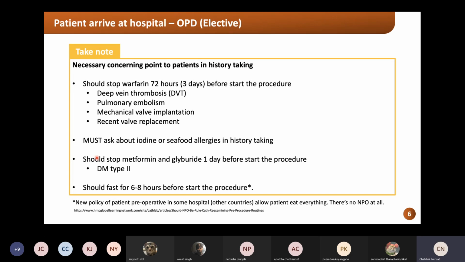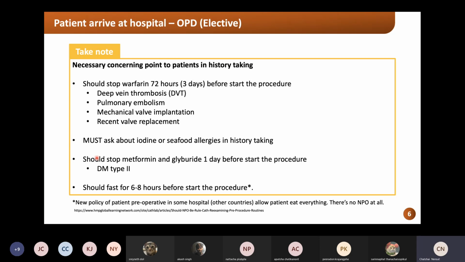And some patients who take warfarin would be suffering from deep vein thrombosis or DVT, to prevent the clot, and also pulmonary embolism, or patients who underwent mechanical valve implantation, or patients who recently underwent valve replacement.